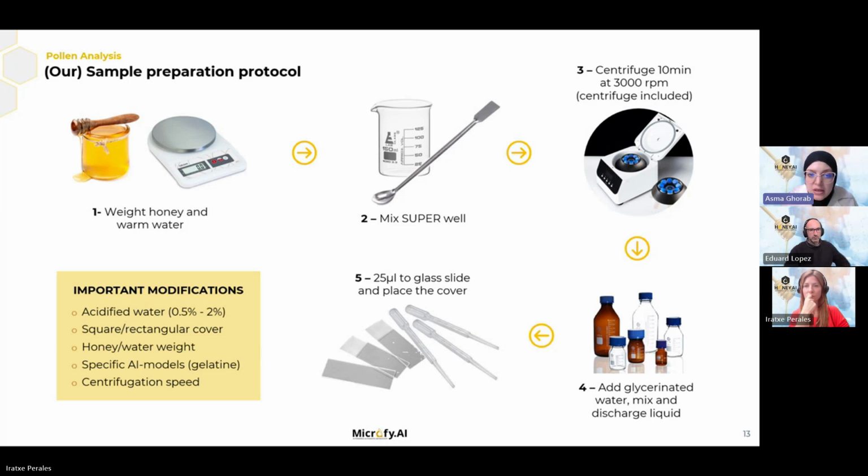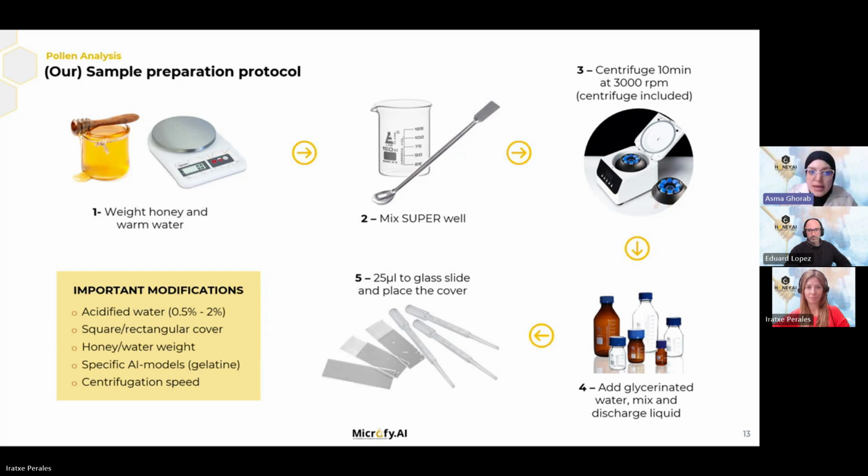We use less than 3000 RPM, just to prevent the grains from breaking, because it happens sometimes with big grains and grains that have a lot of apertures, like Rosmarinus pollen, for instance. So don't worry, on our website we have a tutorial showing all the steps and sample preparation protocols. You can find that on our web.